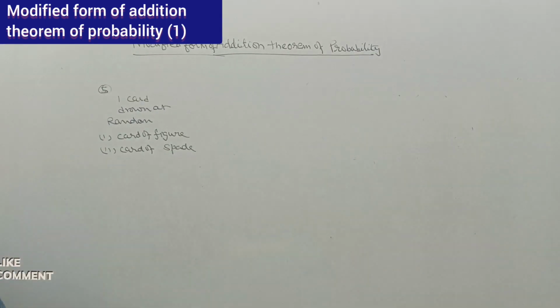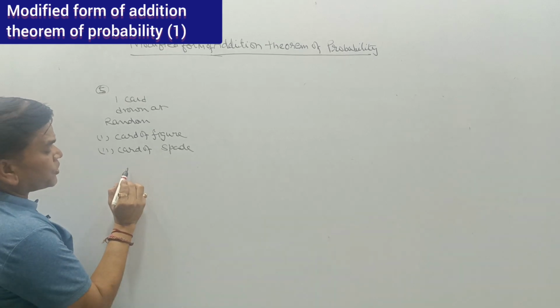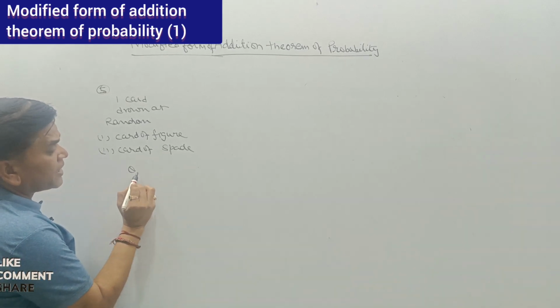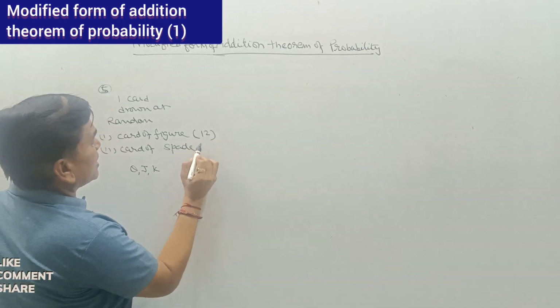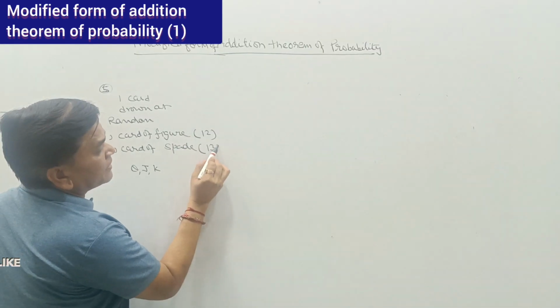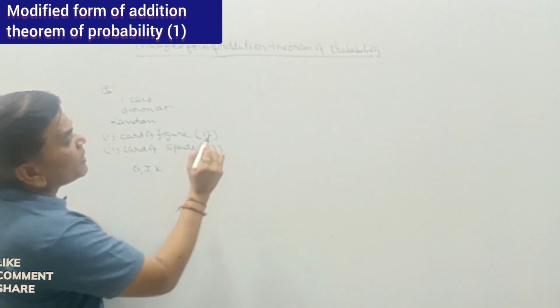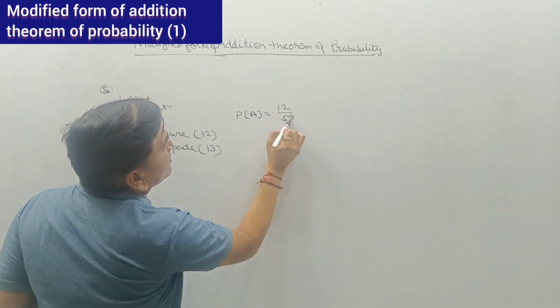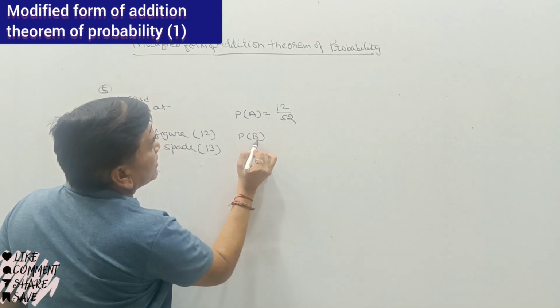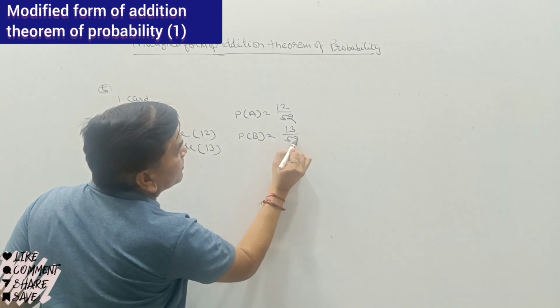So cards of figure: queen is a figure, jack is a figure and king is a figure. So 12 cards are there and cards of spade are 13. So probability of A is 12 upon 52. Probability of B is 13 upon 52.